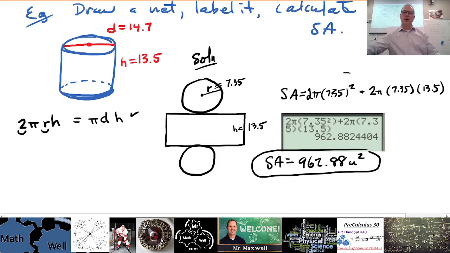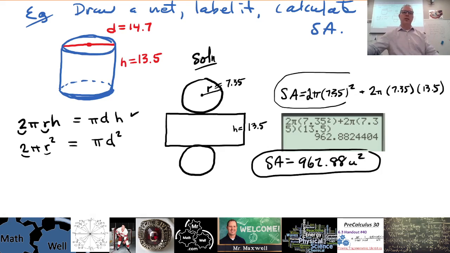But what I saw on this part here was one student did this: for 2 pi r squared, they put pi times d squared, okay? Now on the surface, that might look pretty smart, a good idea. You've got 2r there, why not just do the d? The problem is that it's only the r that's squared, it's not the 2 that's squared.